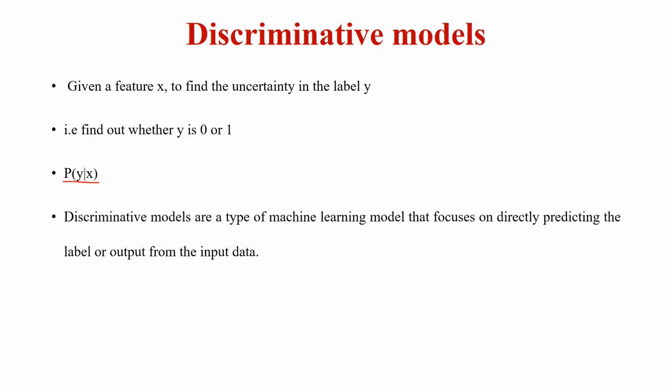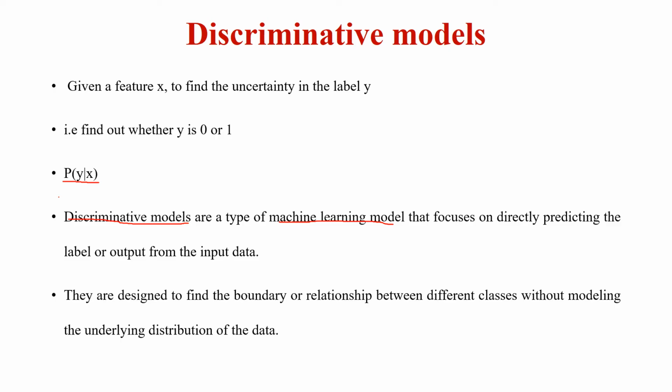These kinds of models are what we call discriminative models. They are a type of ML model which focuses directly on predicting the label or output from the input data. So this is designed to find the boundary or the relationship between the different classes without modeling the underlying distribution of the data.